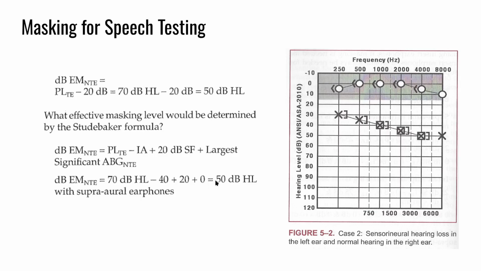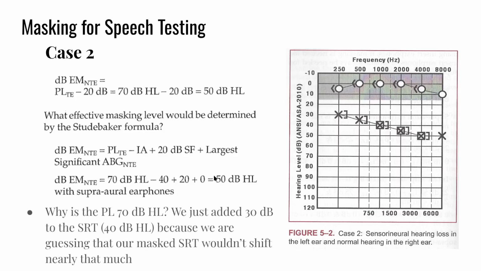That gives us 50 dB HL for the masking level to the non-test ear on the right side. Why is the presentation level 70? We just added 30 dB to the SRT because we were guessing that our masked SRT wouldn't shift nearly that much.